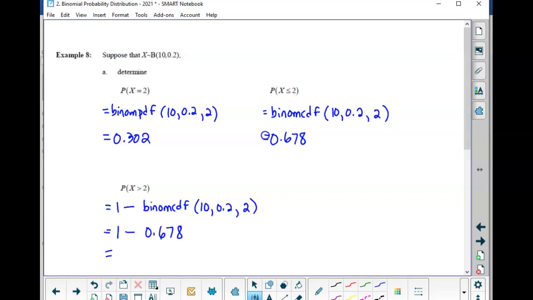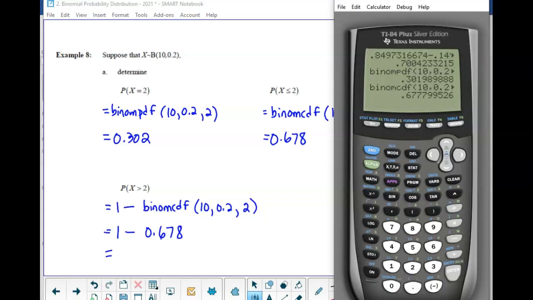Okay, so I'm here using the rounded version because that's all I recorded there, but although it's a 1, so it'll be fine, actually. 1 minus that.